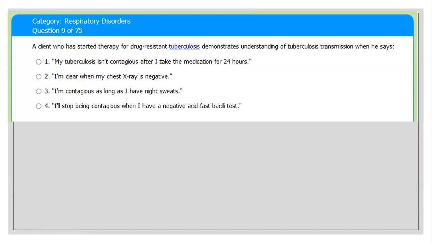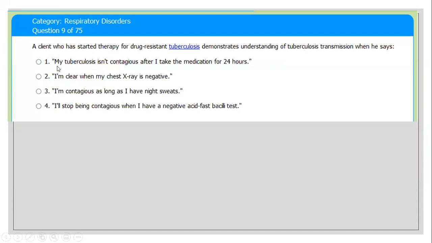It can spread person to person. It is a contagious infection caused by bacteria that mainly affects the lungs, but can also affect other organs, including bones, brain, spine, even kidney. But the lungs are the most common.